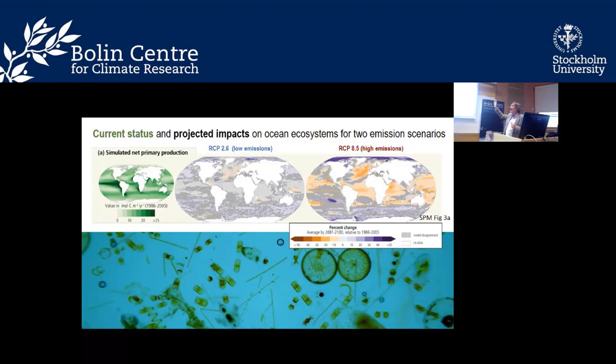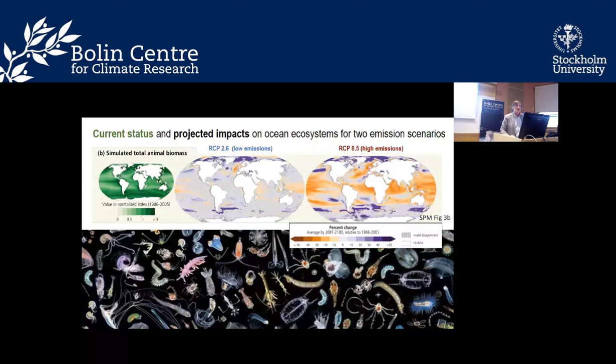But when you get to the RCP 8.5, the high emissions, which is what we want to avoid, there are changes in primary production. Is this potentially good news? This purple color, if we've got an ice-free Arctic, then not surprisingly there's going to be a percentage change. If you didn't have any production there at all because it's covered by ice, or you only had the algae able to grow in the ice, then with an ice-free Arctic in the summer you do get more plant growth in those regions. So that's not a great surprise.